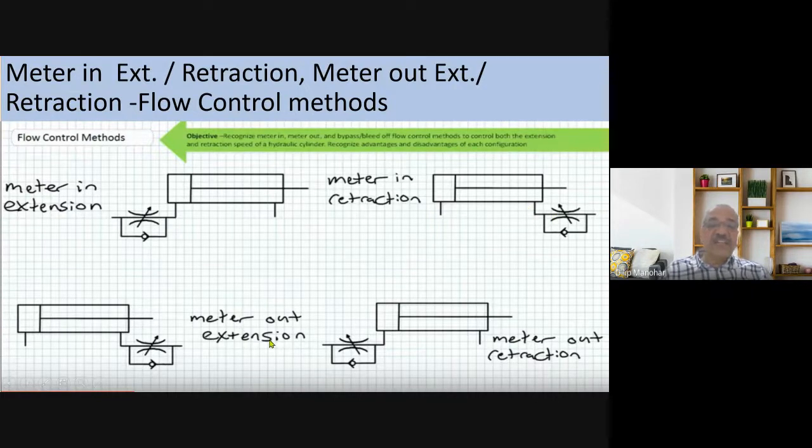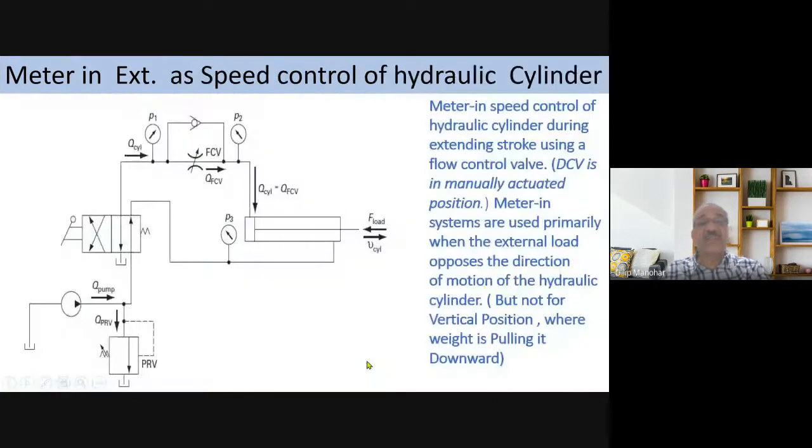Here, meter-out extension means when it is extending, the output side is controlled via the flow control valve. Here also meter-out retraction means that in the retraction of this cylinder we are controlling the flow at the cap end via the flow control valve. So all these four methods are used in design.